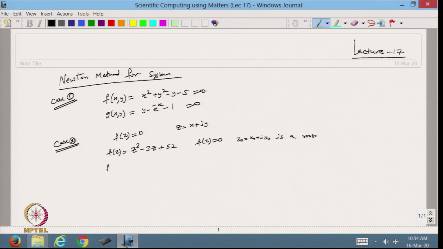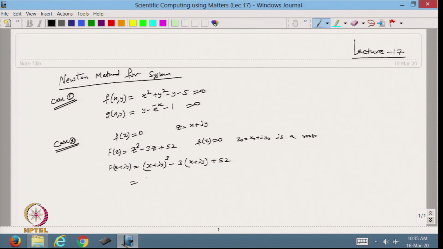So I can split this function as a function of x plus iy. So this z is there, and I should write this as capital F. Now I can substitute x plus iy, plus 52.